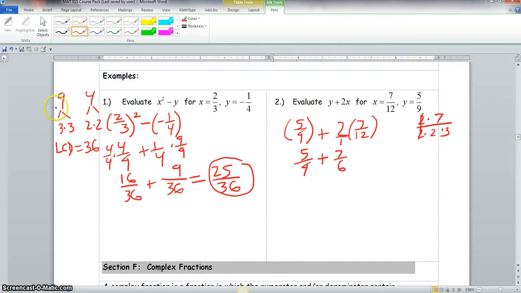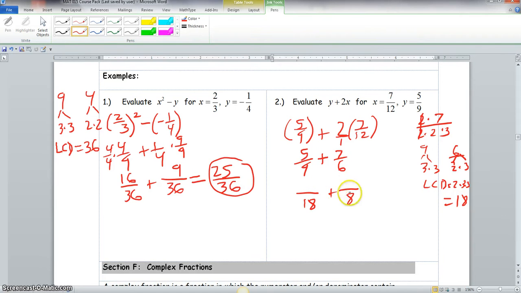Now, we already found the prime factorization of 9, which was 3 and 3. Prime factorization of 6 is 2 and 3. So our LCD is 1 2 and 2 3's. So our LCD is 18. So our common denominator is 18.